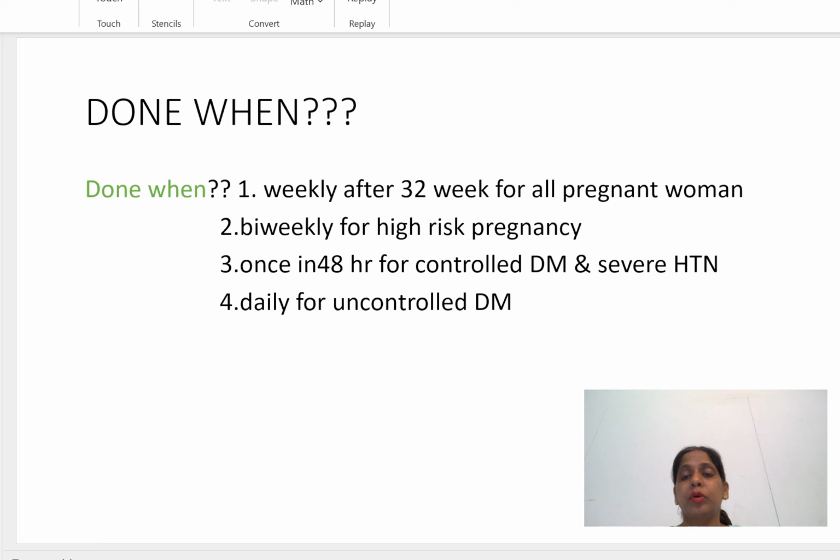So these are some of the important points about NST frequency. In a normal patient after 32 weeks we do the NST weekly, and in a high risk patient we do it every 72 hours or twice a week.